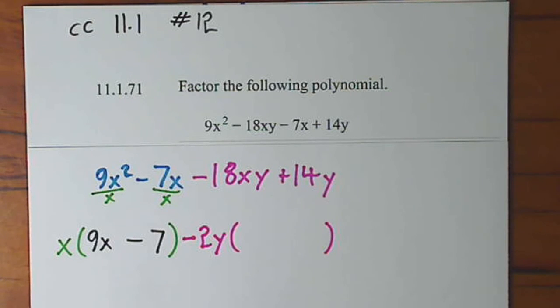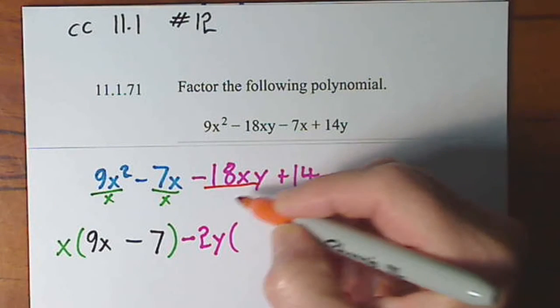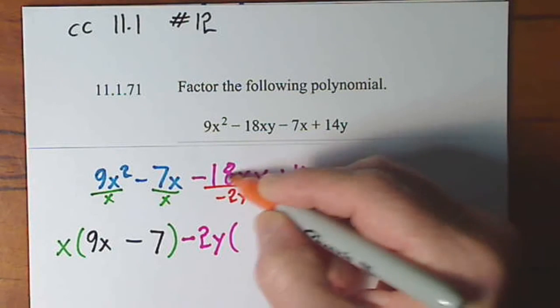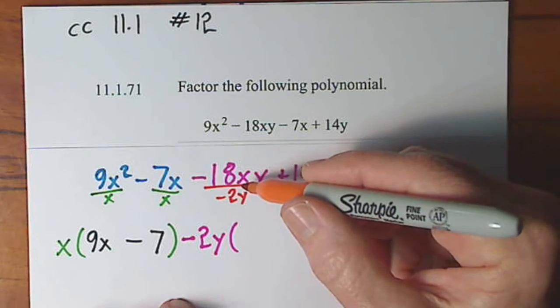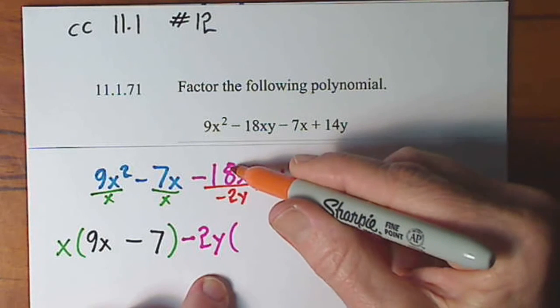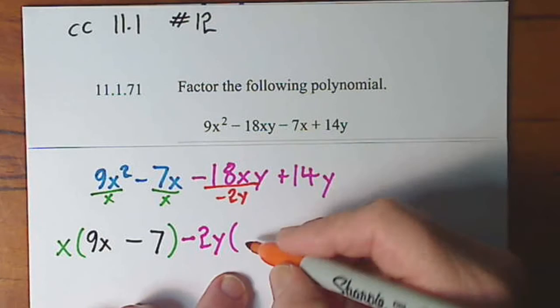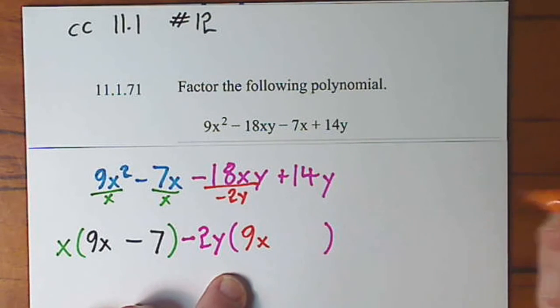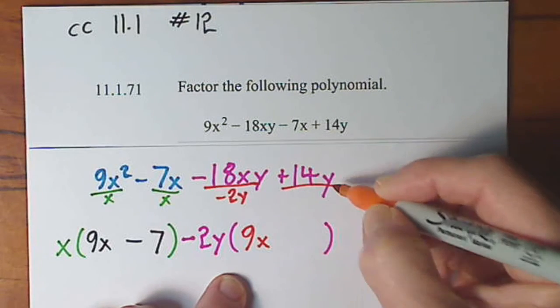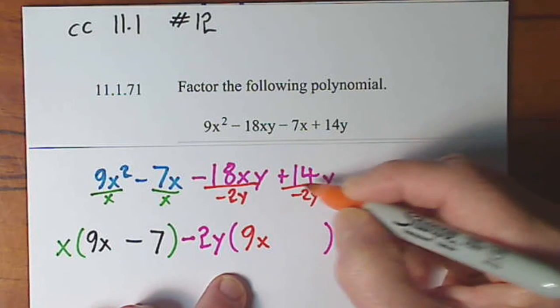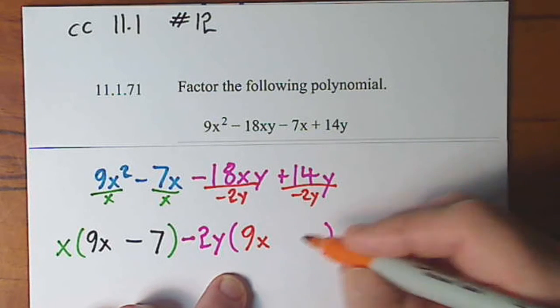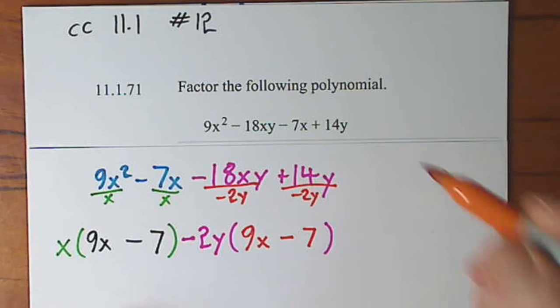All right, when I do that, how are we going to show this? If I factor out negative 2y from this first term, I'm going to be left with a positive 9x. Okay? If I factor out a negative 2y from this term, I'll be left with negative 7.